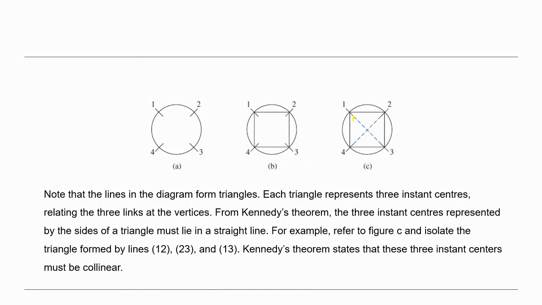So there's one triangle here, say 1-2, 2-3, and 3-1. These must be in a straight line.